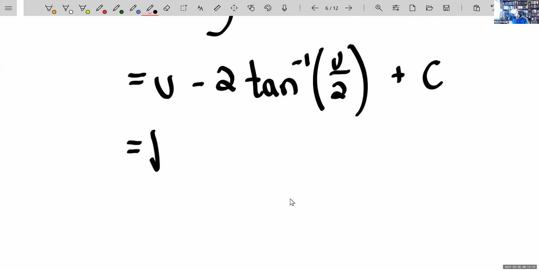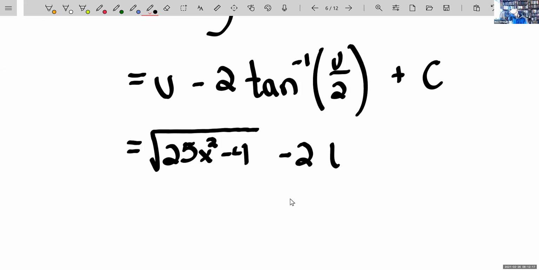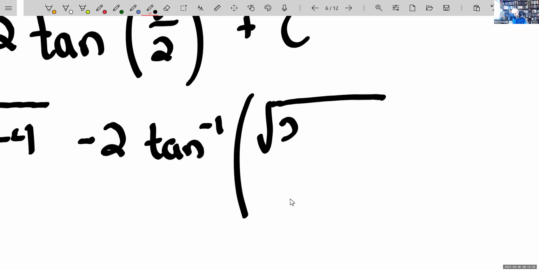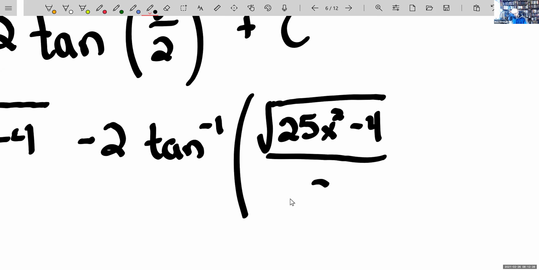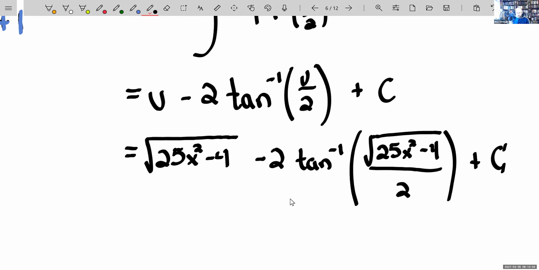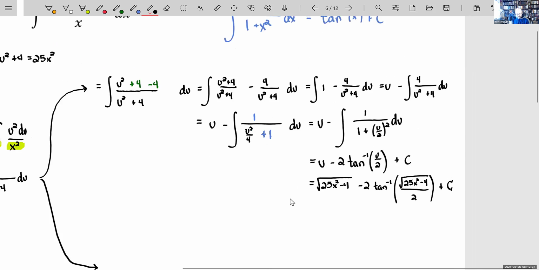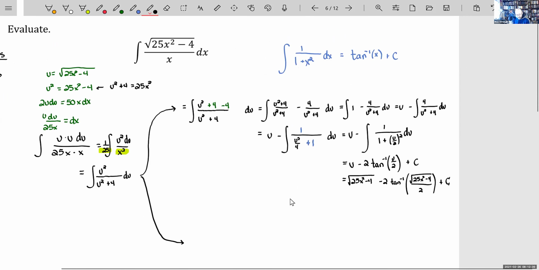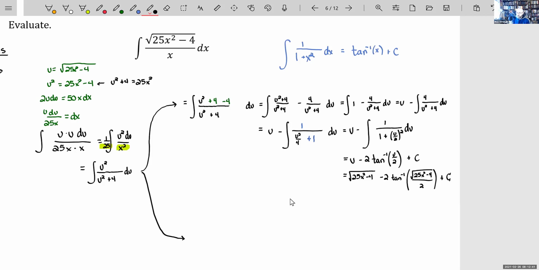This is the square root of 25x squared minus 4 minus twice the tan inverse of the square root of 25x squared minus 4 all over 2, and then plus c. That's a very long road to build to get to an answer, but the reality is it works. So a u substitution does work here.